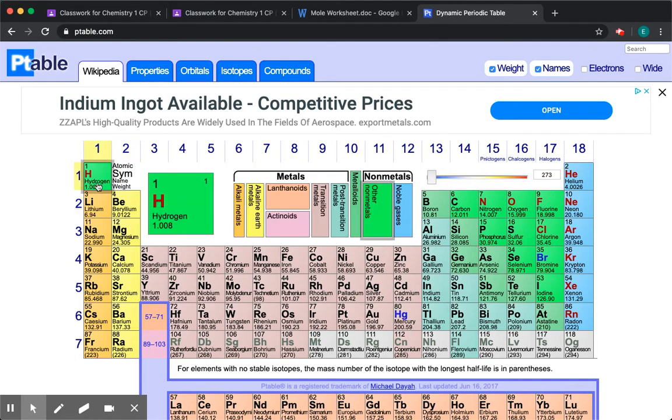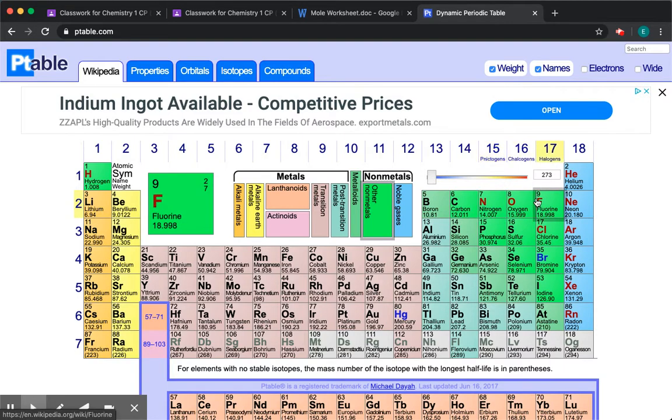So if you have 1 mole of hydrogen, you have 1 gram of it. If you have 1 mole of oxygen, you now have 16 grams of it because the atomic mass is 16. Okay, if you have 1 mole of nitrogen, you have 14 grams of it. So what it does is convert that AMU to grams. Okay, it's how many atoms you need to get the AMU value in grams.